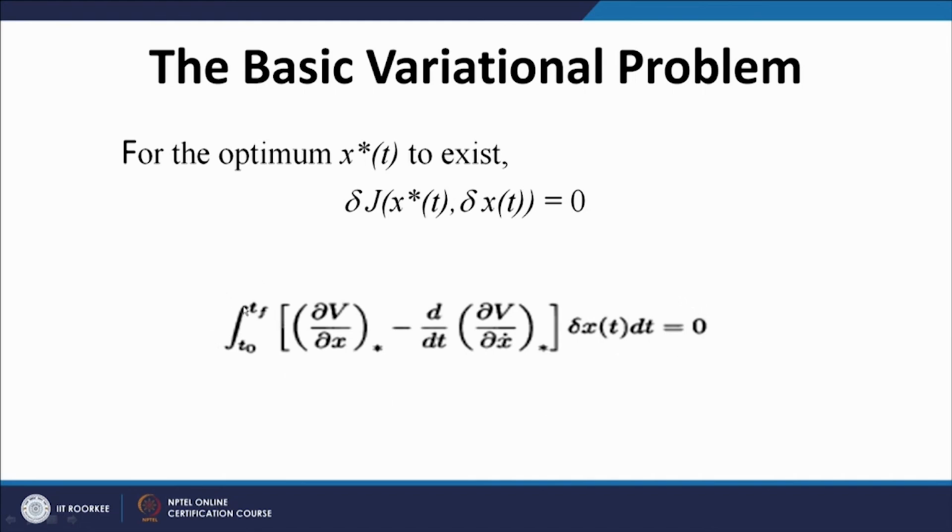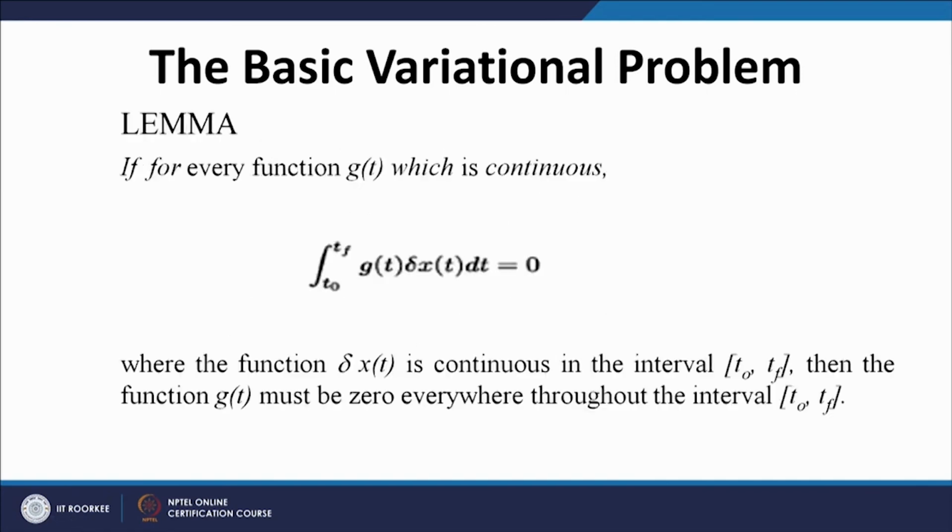But this term is within the integral. Now, if we see, this whole will have two major parts. One is in this bracket, del V by del x minus d by dt del V by del x dot, and the other is delta x t. So, we use the fundamental lemma, which is given as the integral from T0 to Tf of g t delta x t dt equal to 0.